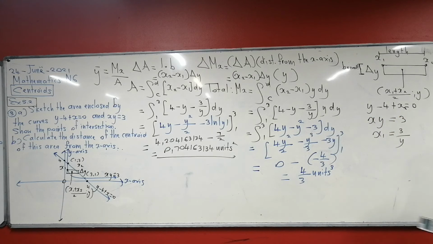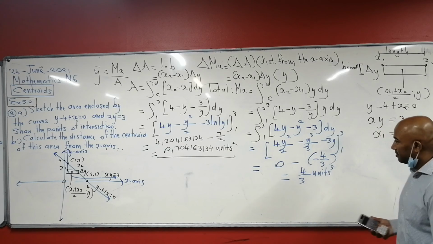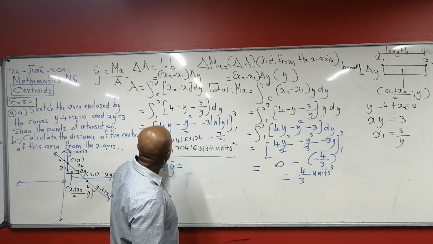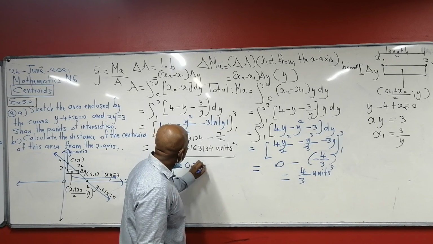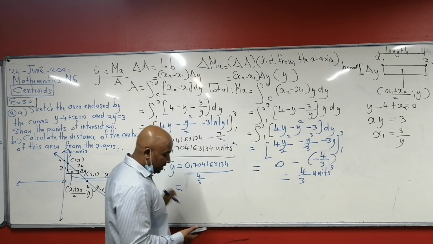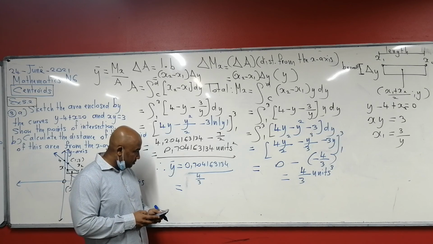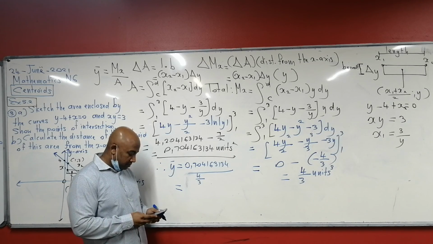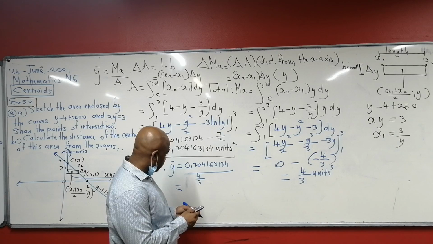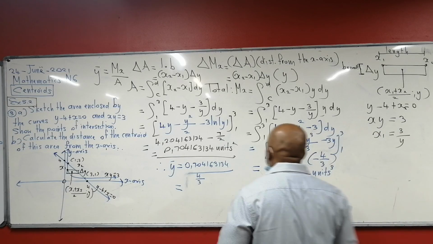So now, was this the same answer that we got before? Yes. Okay. So therefore, we got y-bar is equal to Mx over A, 0.7041633134 divided by 4 over 3. Sorry, my mistake here. I just realized it now. I did it the other way around.